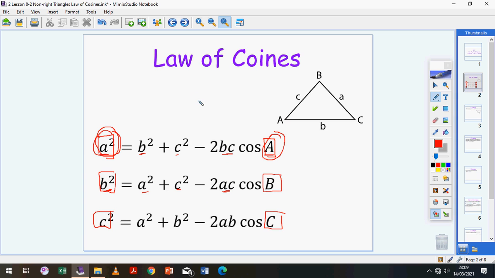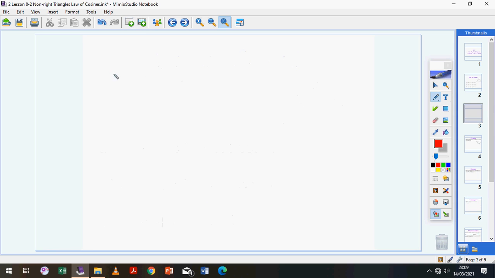For those of you that are curious, how does this cosine law come about? Let's explore.